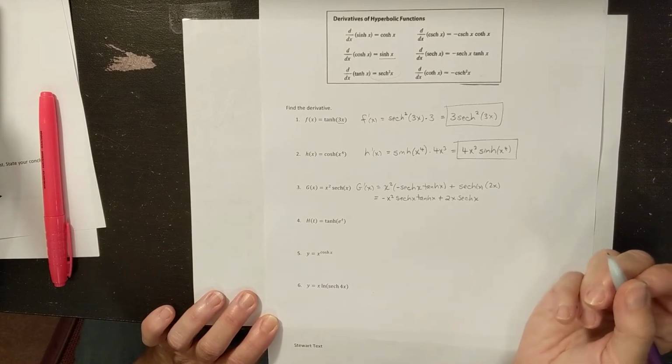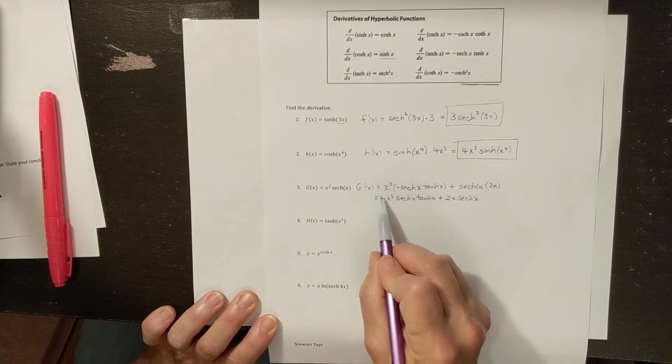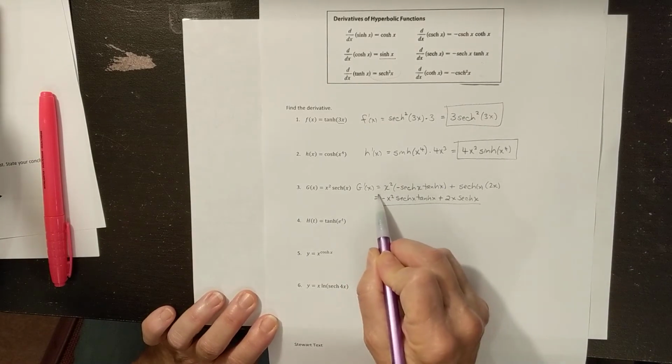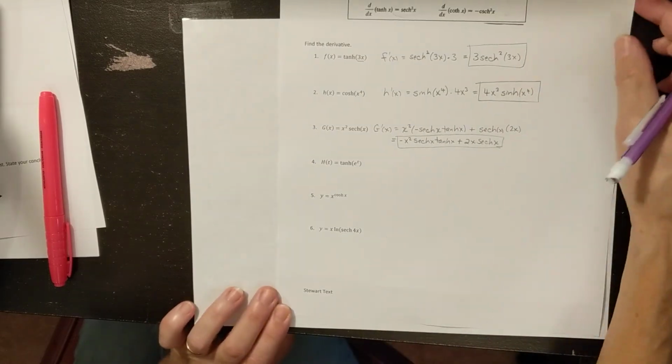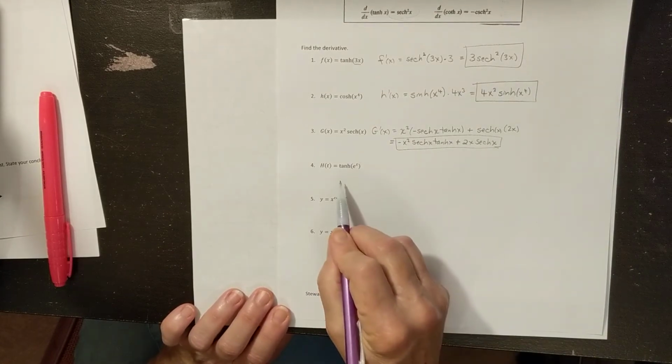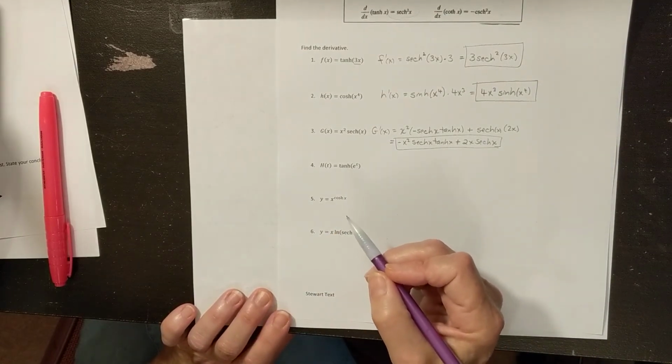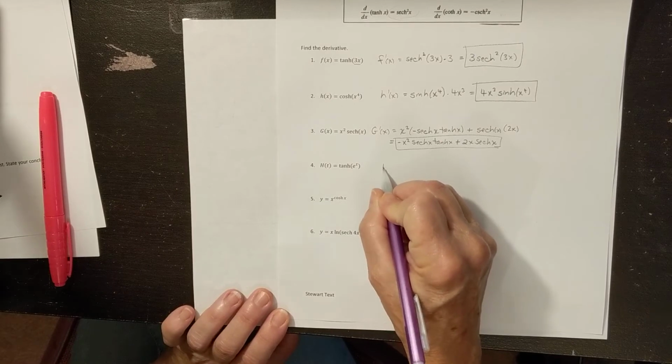All right. Then h of t is equal to the hyperbolic tangent of e to the t. So you just say, okay, outer function is hyperbolic tangent, inner function is e to the t, so it's some chain rule.